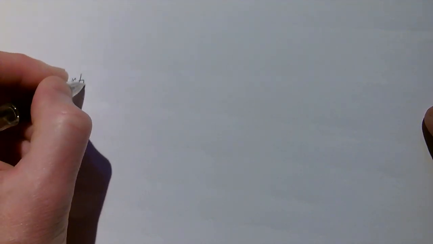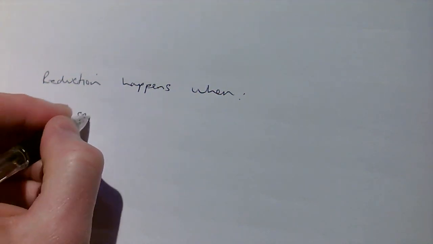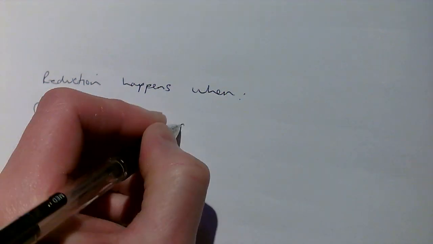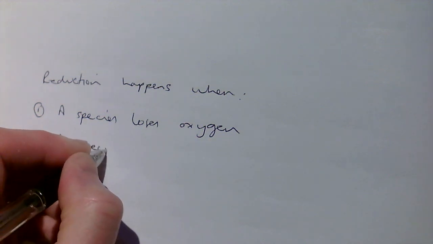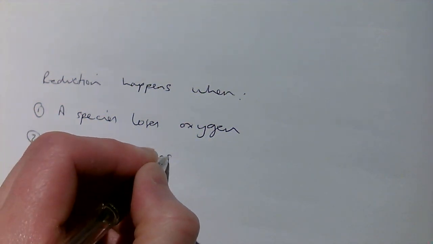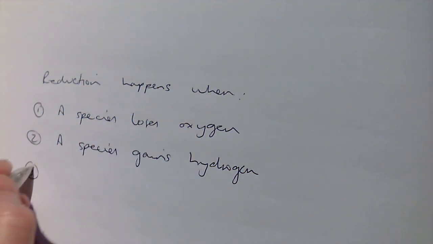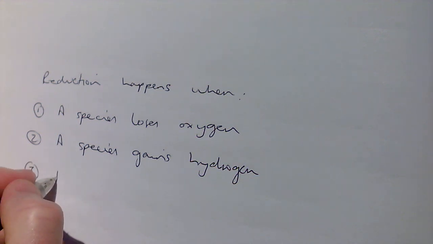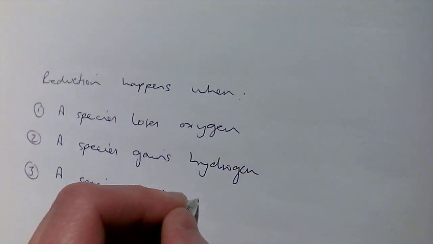Now reduction. Reduction happens when, number one, a species loses oxygen. Number two, a species gains hydrogen. Number three, a species gains electrons.